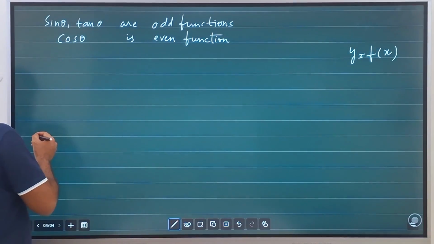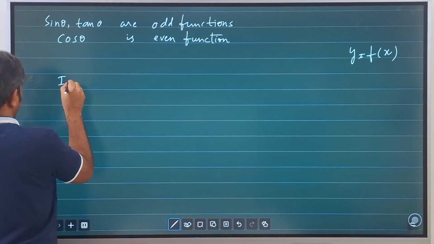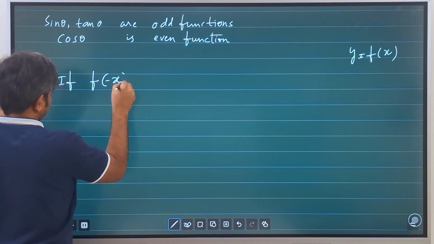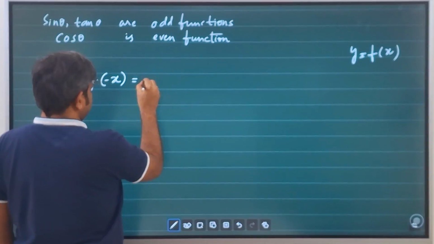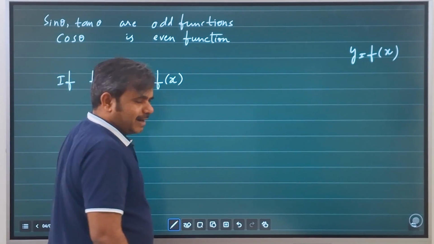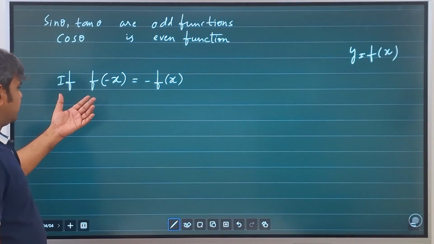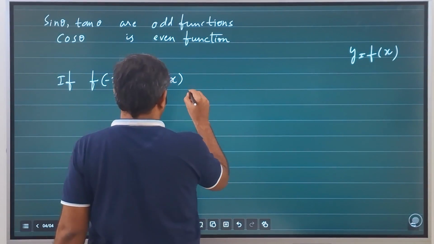So odd function here means what? If f of minus x, a function of minus x, is equal to negative of a function of x, then such functions are called odd functions.